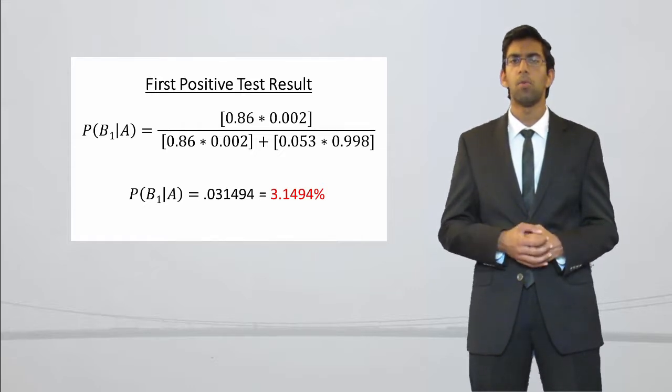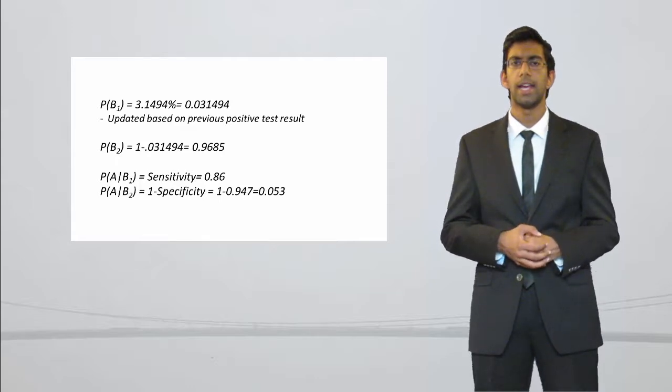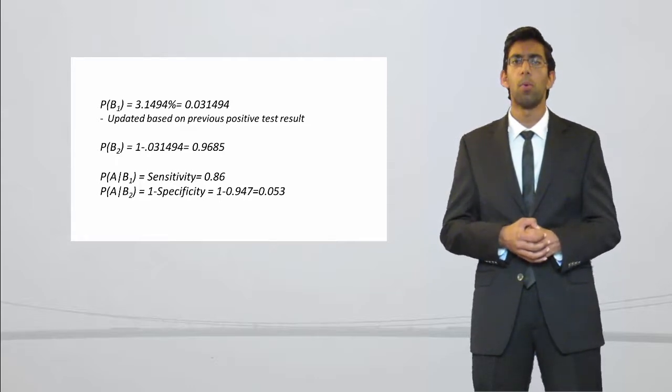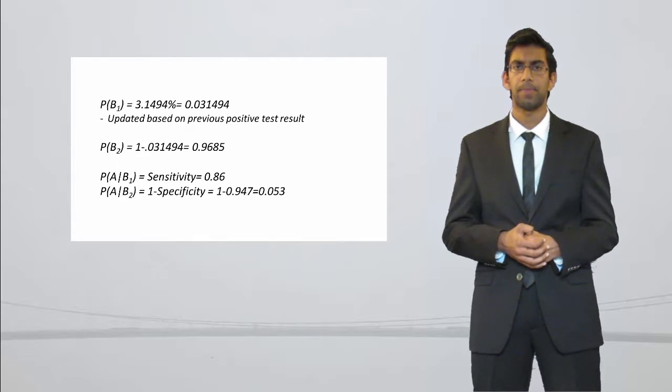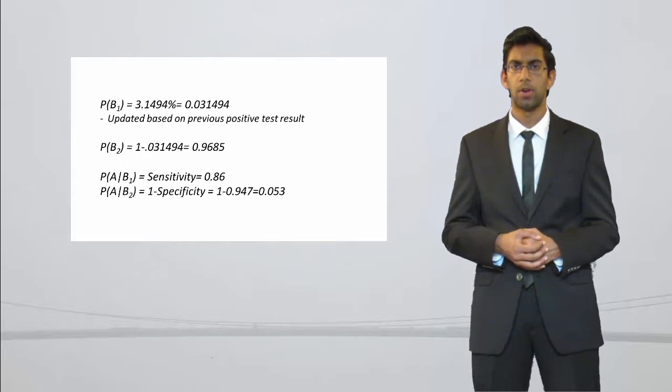So, P(B1), which we previously used as our prevalence rate, is now going to be 3.15%. P(B2) is still 1 minus P(B1), or 96.85%. P(A given B1) will remain our sensitivity ratio, or 86%.